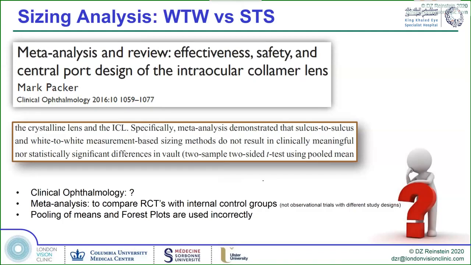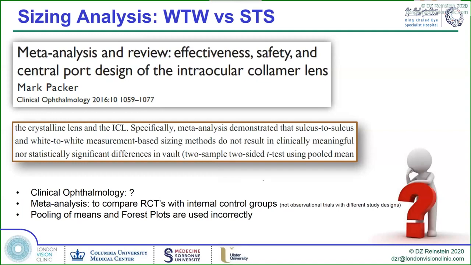They were doing a so-called meta-analysis, but that's only valid when you compare RCTs with internal control groups, and not like this, which was comparing a bunch of hodgepodge observational trials with completely different study designs and populations. And also they used pooling of means and forest plots, which you cannot use in this context. So the statistics were just incorrect.